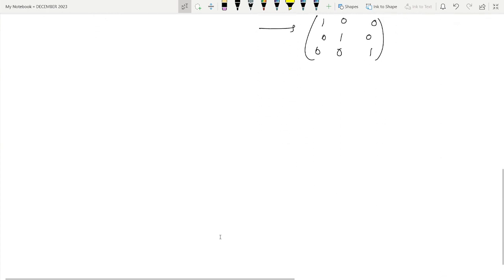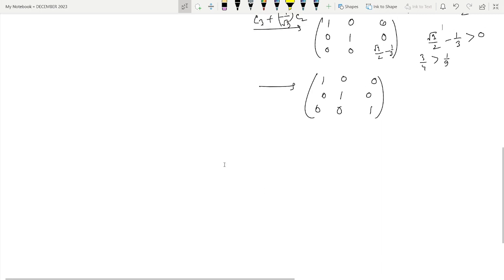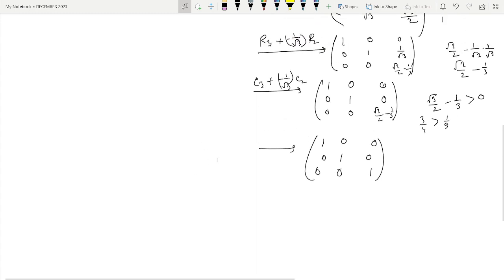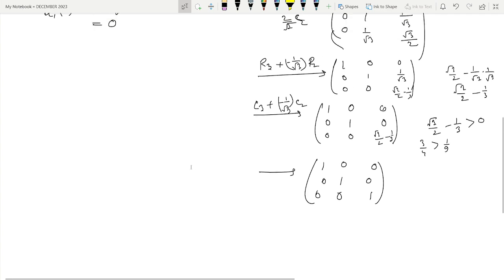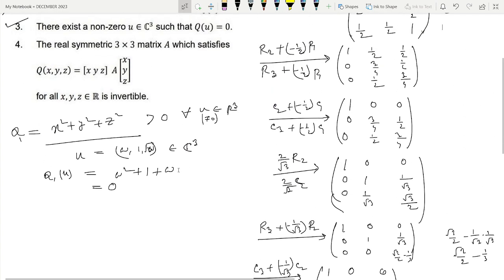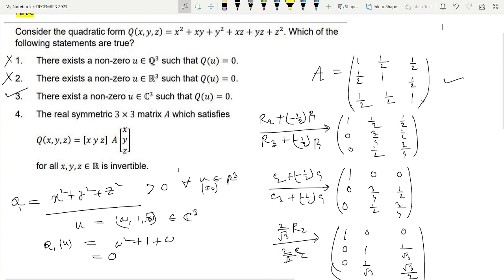So clearly the determinant of this matrix will be 1, which is not equal to 0. So this matrix is invertible, and hence that matrix A, the given matrix A, is also invertible.